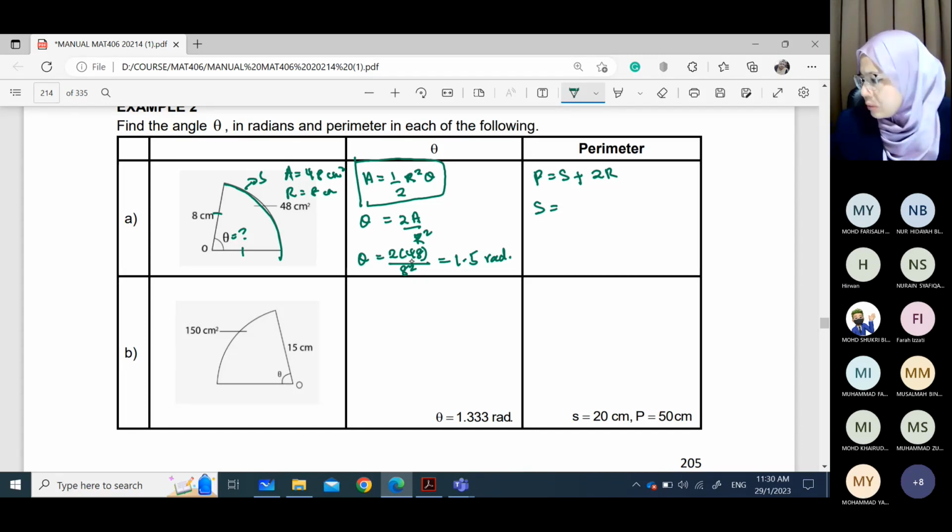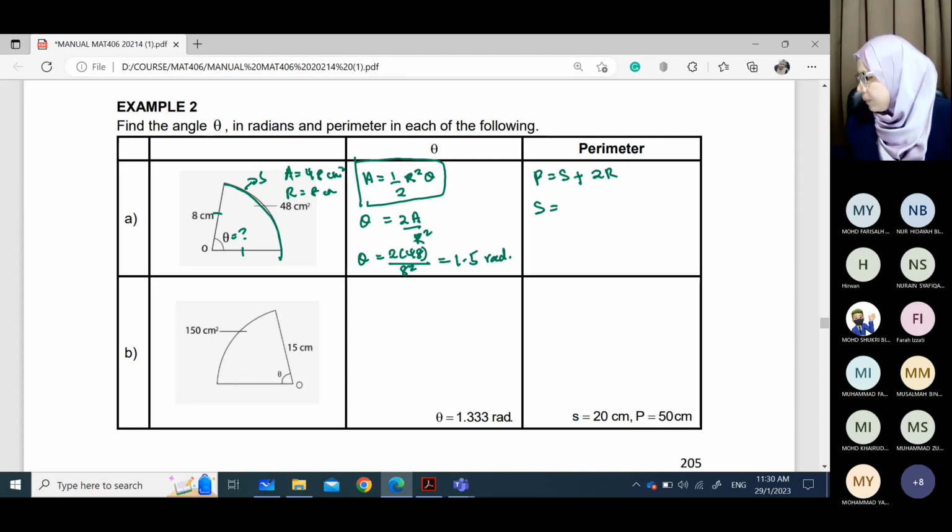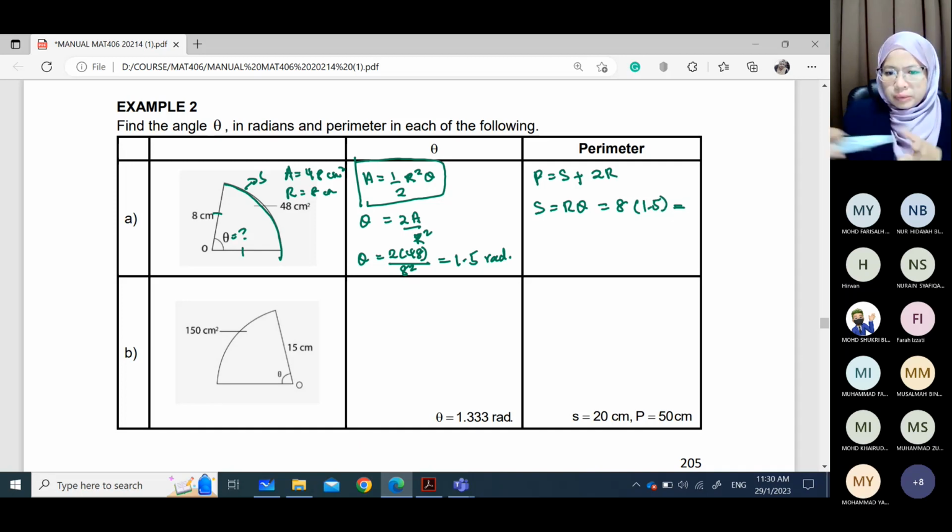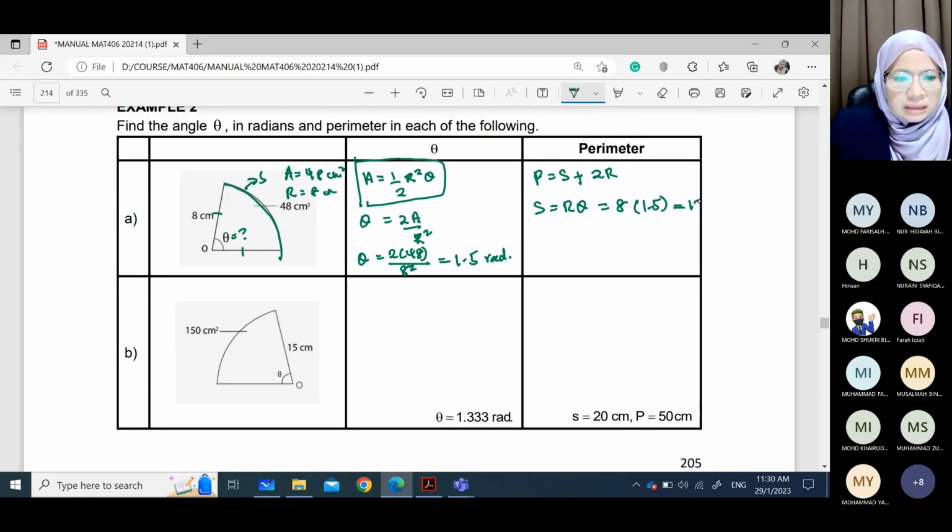So arc length, formula bagi arc length S = R theta. So R theta, theta yang ni masukkan je lah. So R adalah 8, theta adalah 1.5 radian. So S adalah berapa tu? 8 darab 1.5, 12. So S arc length is 12 cm.